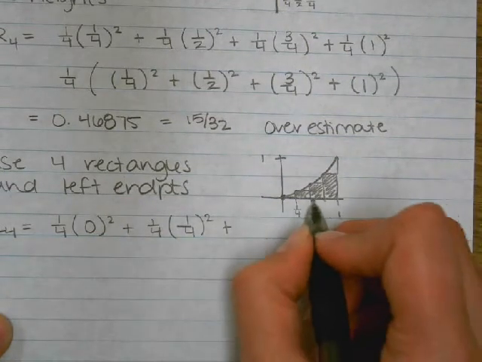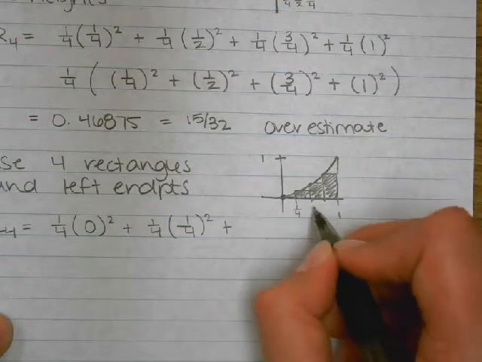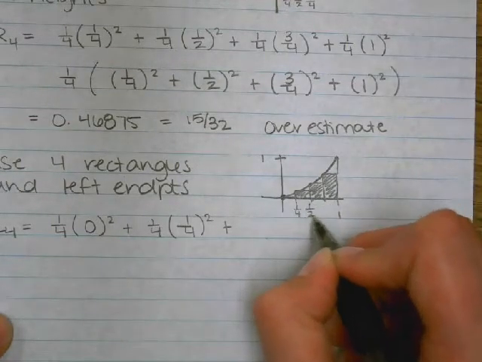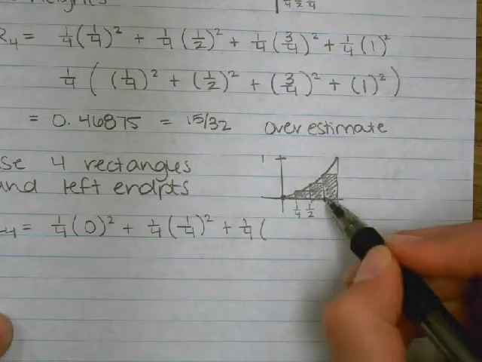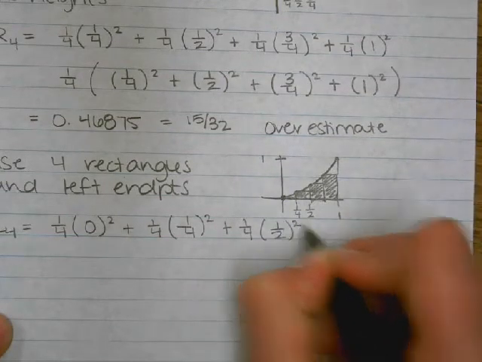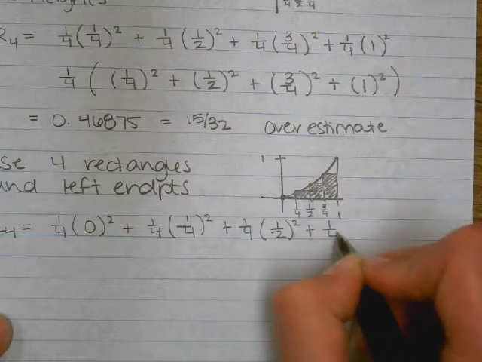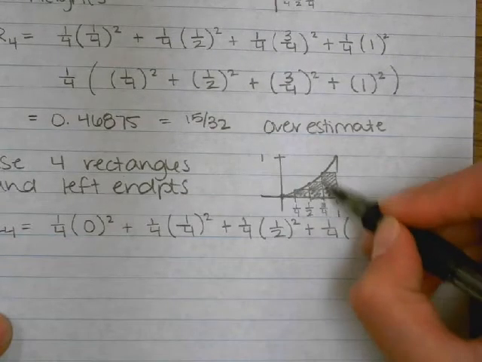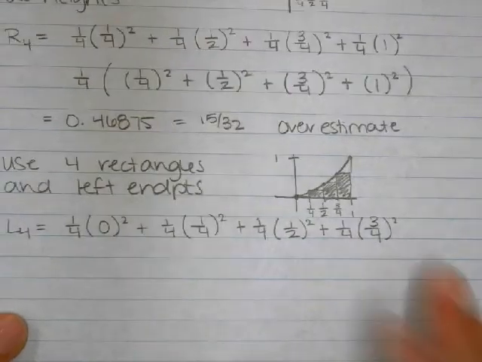And then this next rectangle, I don't know why I keep confusing those two words. The next rectangle also has a width of 1/4, and the height of this rectangle we would get by plugging 1/2 into the function. And then the last one also has a width of 1/4, and we would get the height of that one by plugging 3/4 into the function.